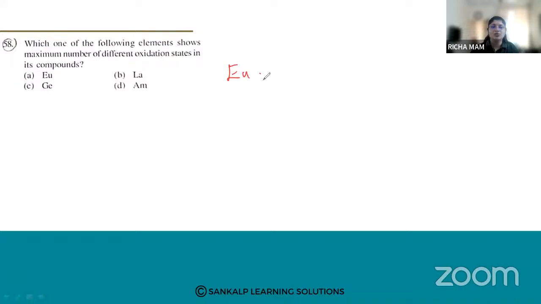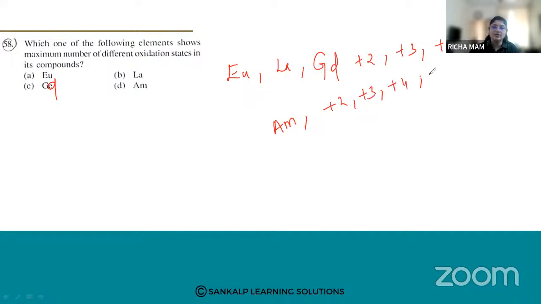Eu, La, and Gd show +2, +3, and +3 oxidation states respectively, while the actinoid Am will show +2, +3, +4, +5, and +6.